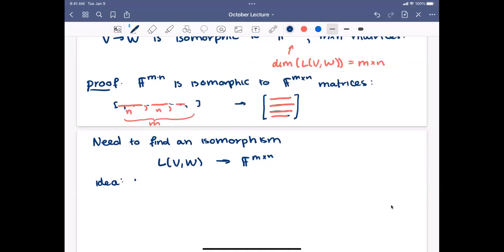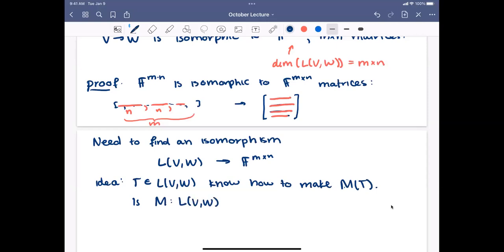If we have a linear map T in L(V, W), we know how to associate a matrix for that linear map, called M of T. So maybe this isomorphism is that map M. Is M from L(V, W) to F^(m by n) a linear map?